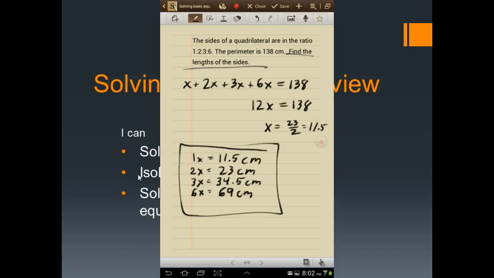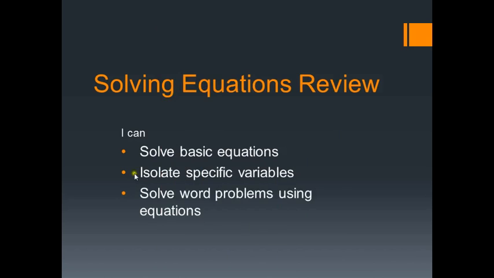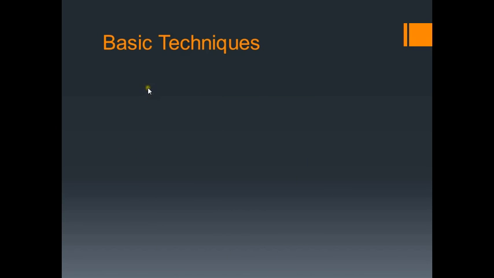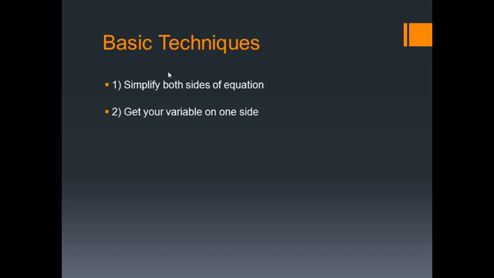Okay, so in summary, basic techniques we've been practicing, or reviewing rather, you already knew them. Simplify both sides of the equation first, if you can. Second, get your variable onto one side. Usually, addition or subtraction of a term takes care of it. Third, we didn't discuss this too much, but what you're doing is using reverse order of operations.